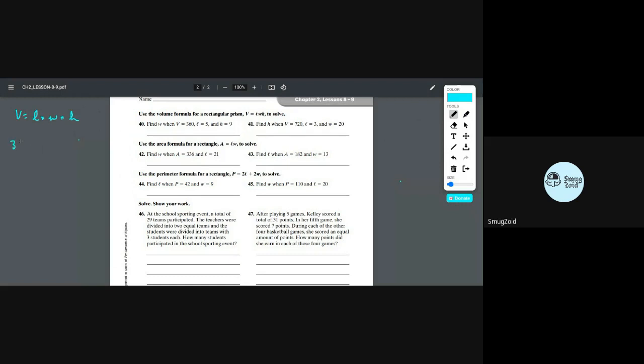So if you say 360 is equal to my length, 5, times W times 9, 360 equals 45W, divide by 45, divide by 45, and you'll get the number. 8 equals W. Okay. So try to do this one, except you've got H.